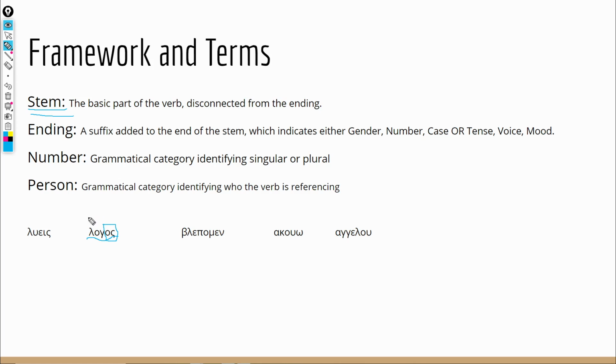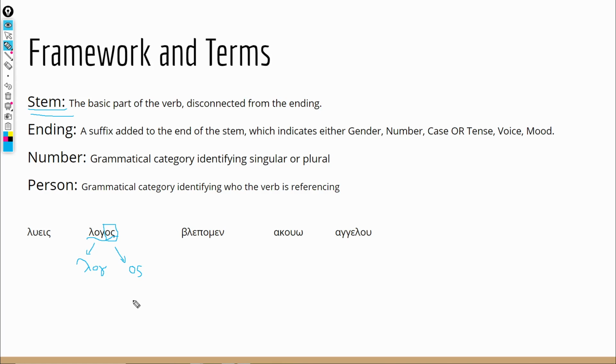We cut that in half. Over here, we take the stem of that word, log. That's how you pronounce log in Koine, and then your ending is os.